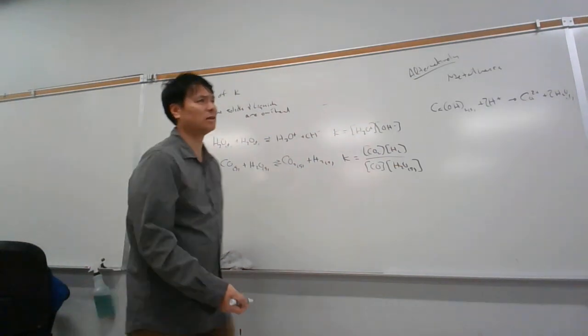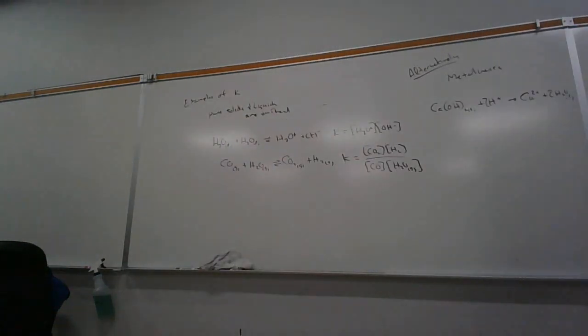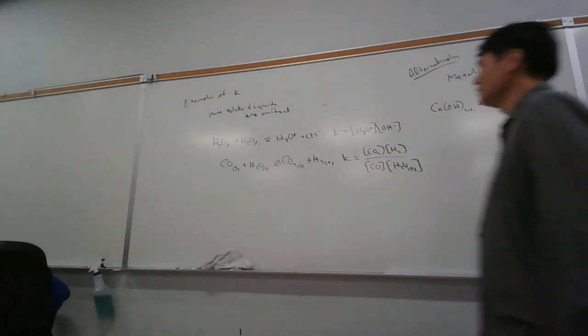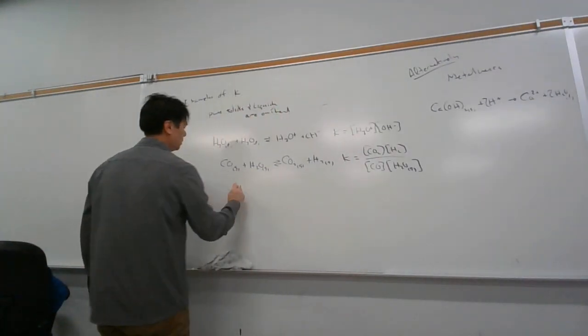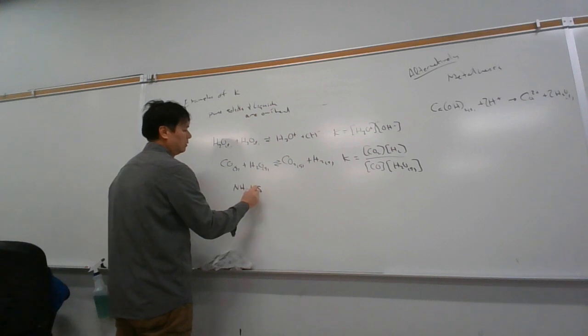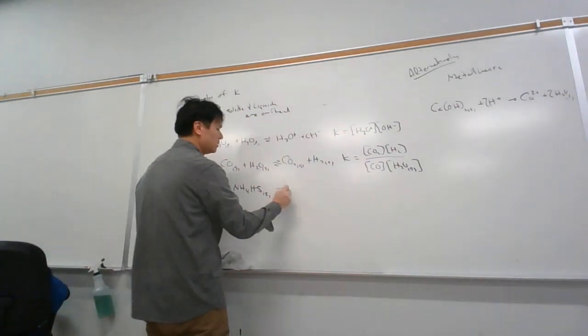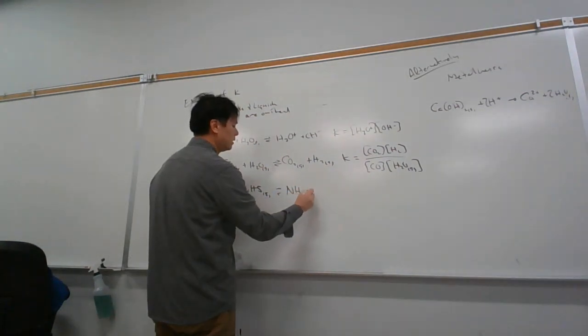Sometimes we'll have a solid, like in the next one. So number 42 has a solid ammonium hydrogen sulfide, solid. And this is going to go to ammonia and H2S. Ammonia is a gas, and H2S is a gas.